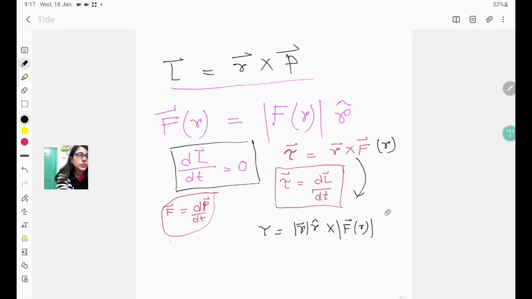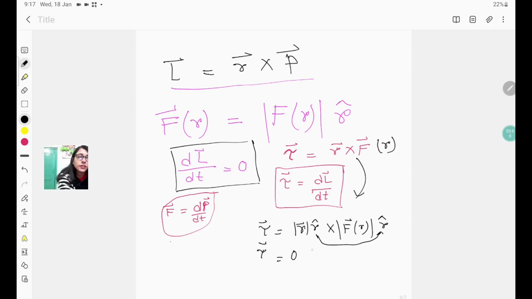So from here we can write r cap cross r cap. Any unit vector having a cross product with itself always gives a 0. That means r cap cross r cap is 0. So tau is equal to 0.